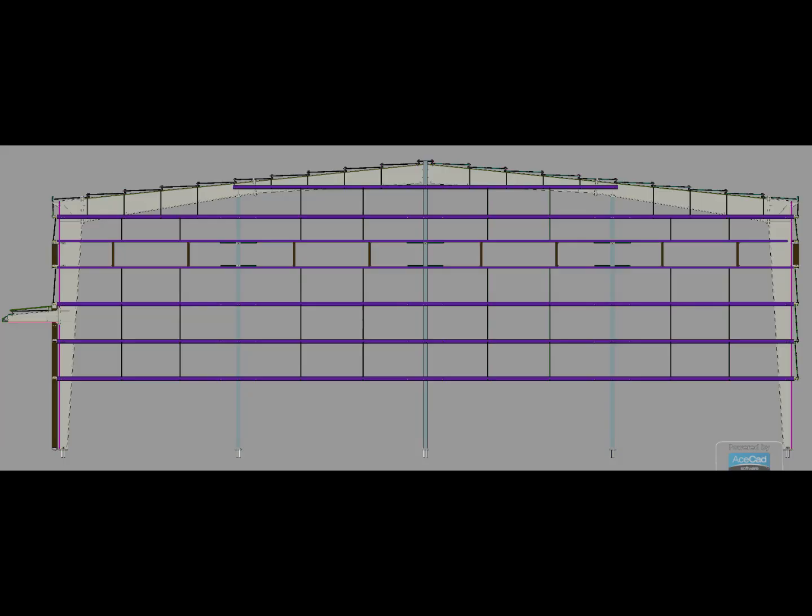Starting from the sides, we can see the main vertical columns. Between these vertical members, several horizontal members are arranged at different levels. These horizontal members form the end wall framing system. The roof structure is visible at the top, with the roof slope rising toward the center.